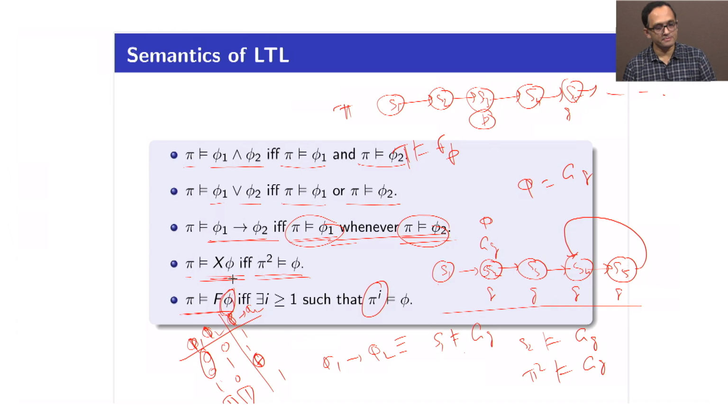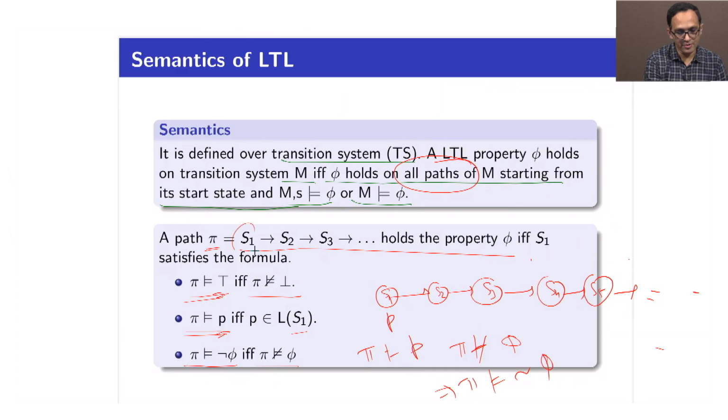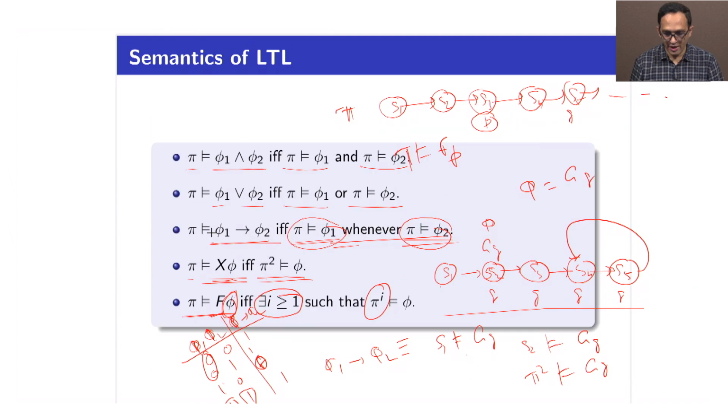Understood, but it is important to know that this future starts with the start state also. It is i greater than or equal to 1, and if you recollect, we start from S1. If I have a scenario where p holds here itself and does not hold elsewhere, then future also holds.